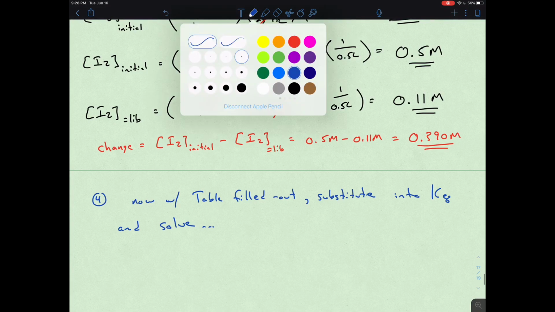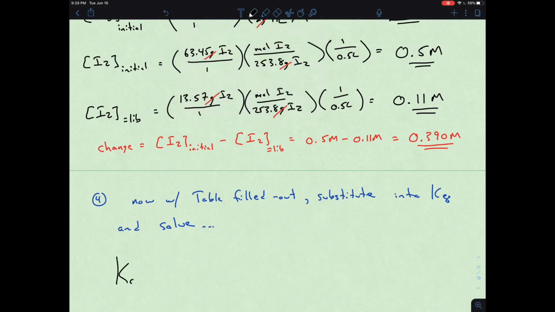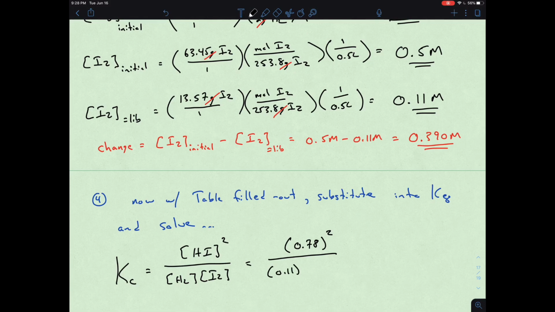So if we refresh our memory here, we were talking about concentration, so we're going to start with K sub C. If we go back to our table, we would find our concentration at equilibrium is 0.78 for the HI, and we had 0.11 for the H2 and the I2, and we end up with a value of 50.28 for our K sub C.